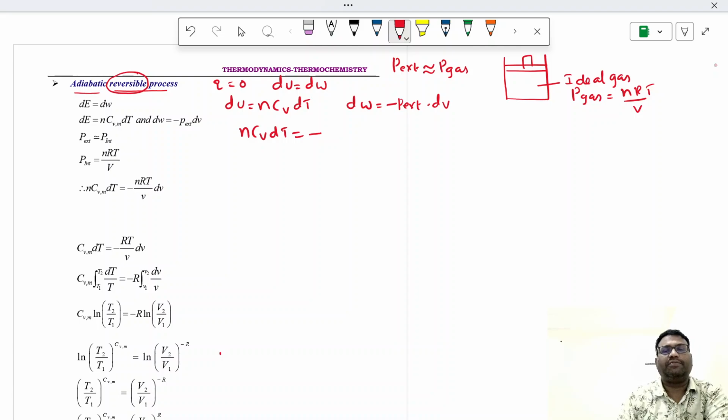Internal pressure is nothing but pressure exerted by gas, which is equal to nRT by V. So n Cv dT is equal to minus nRT by V into dV. n and n cancel. Let us move temperature to the left side. Then we get Cv dT by T is equal to minus R dV by V.